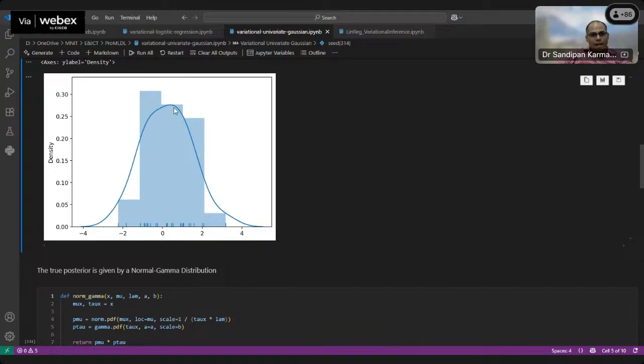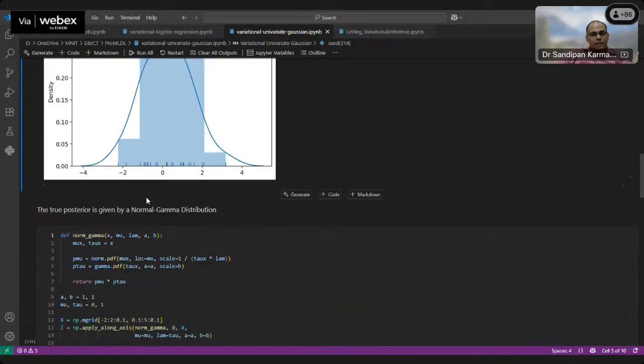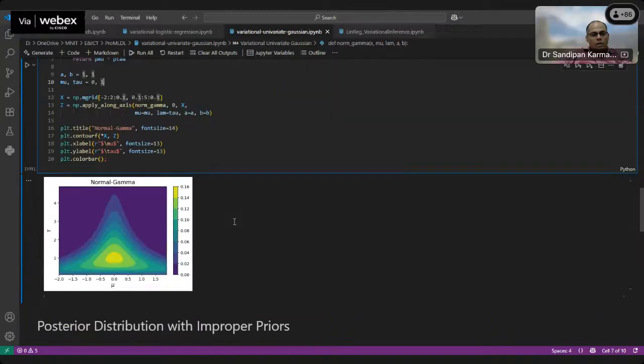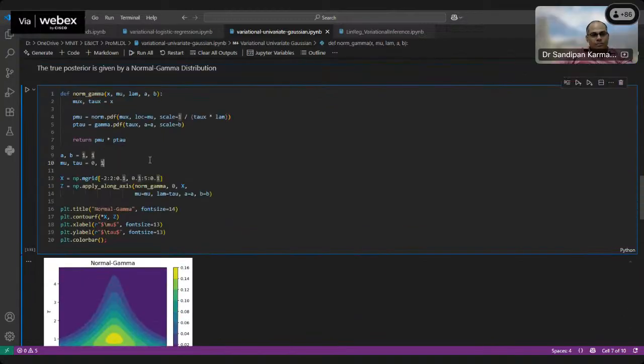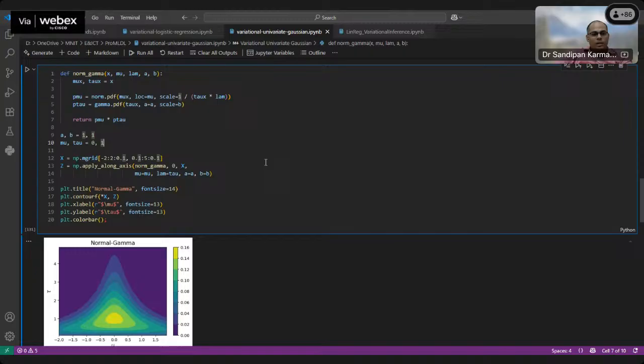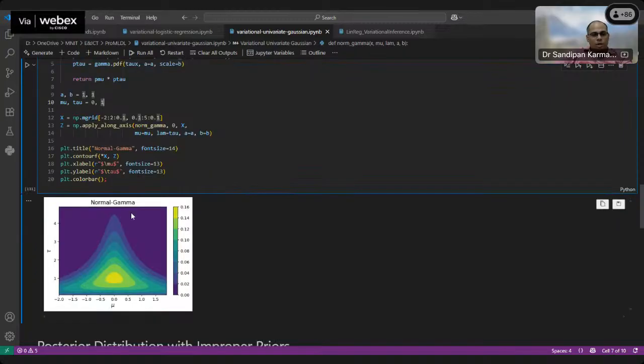It is kind of flat and one side is a little down. Now, if I plot the normal gamma, taking some samples, then how will this normal gamma come out? It will look like this.